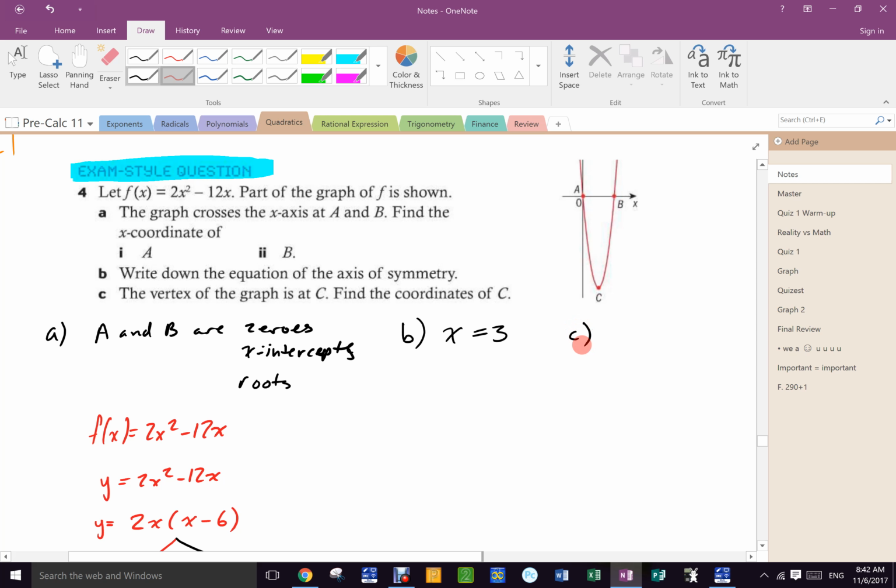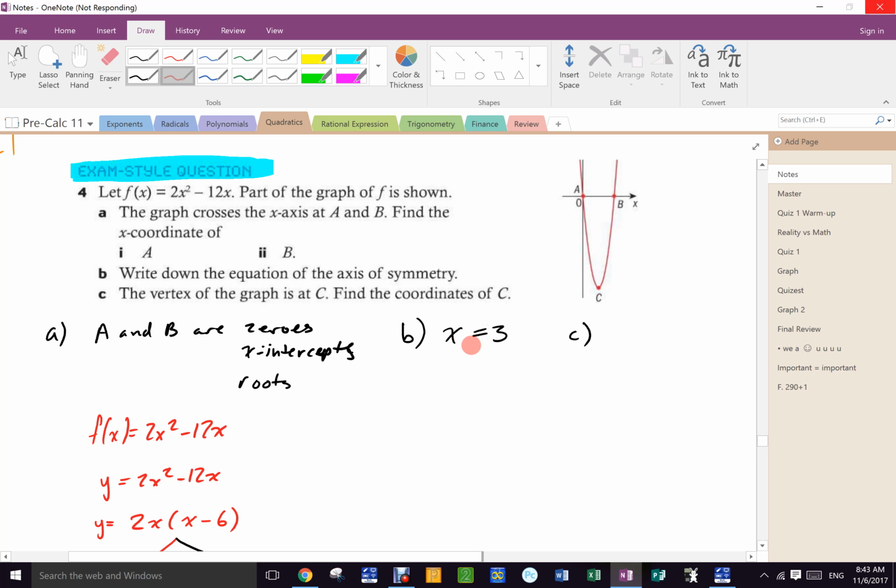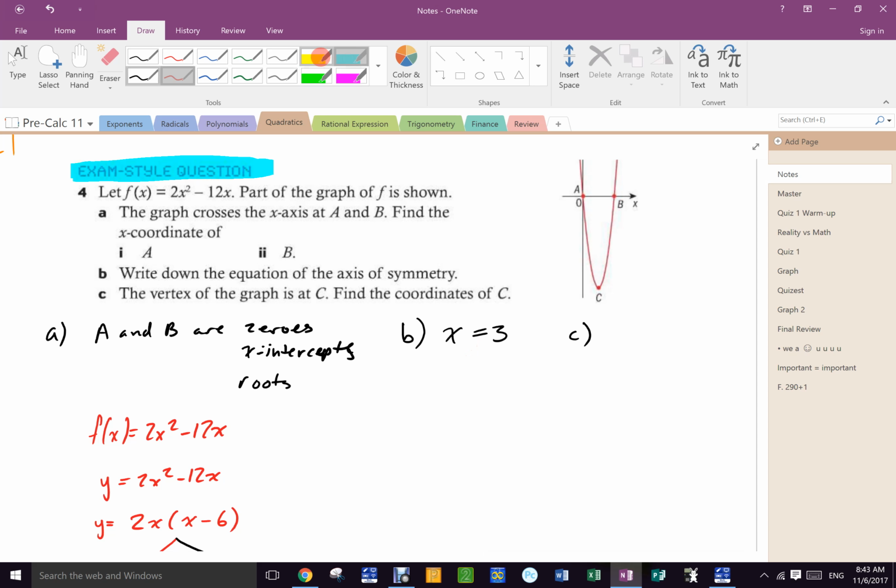And C. What's the vertex? What did I just write right there? x equals 3. What does that say? 2x squared minus 12x.